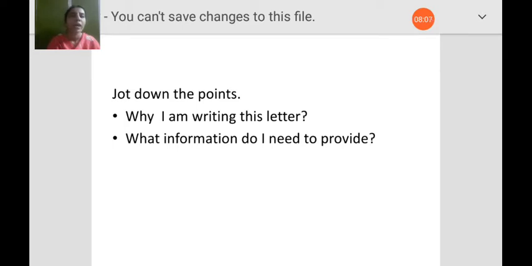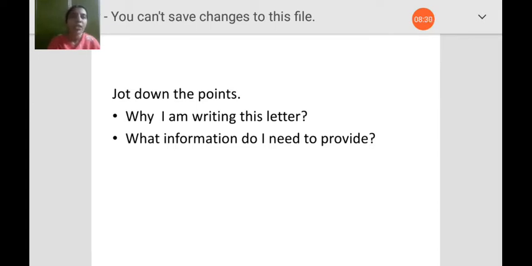Why am I writing this letter is the question. Why are you writing this letter? To bring about the problems faced by the noise pollution in your locality. This is why you are writing the letter.